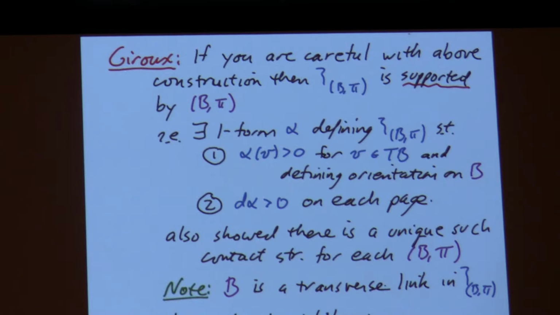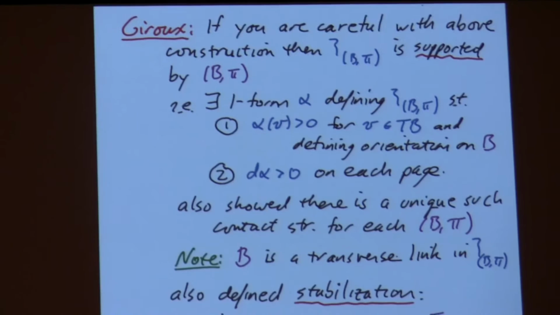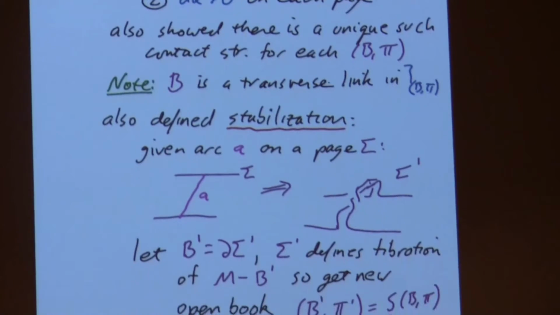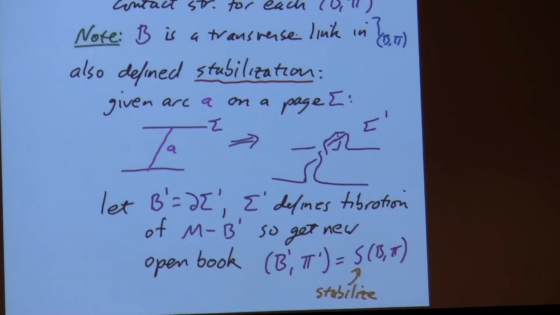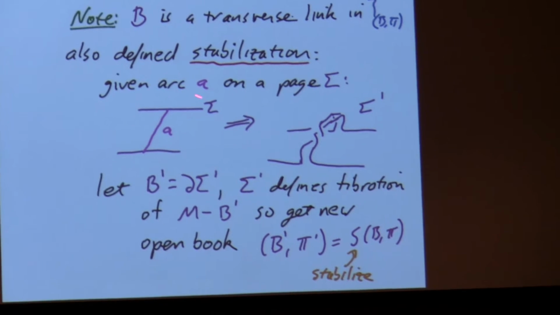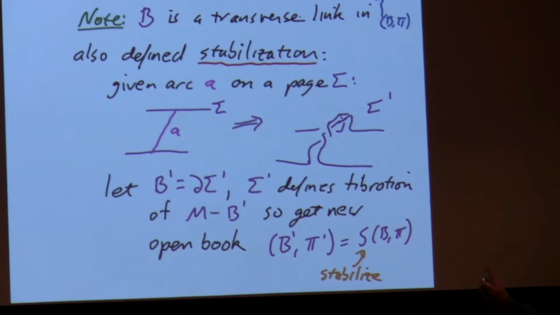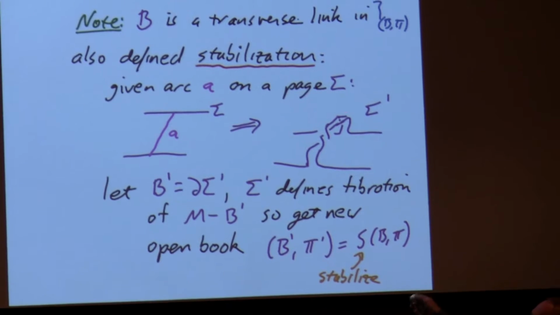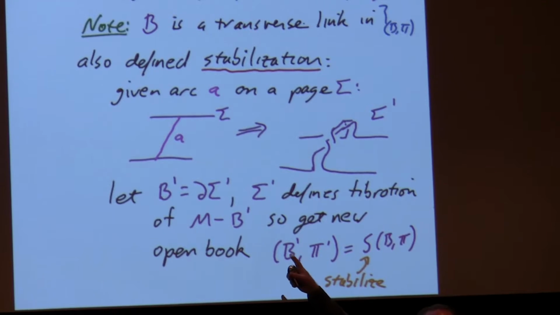So we have this fibered knot that happens to be a transverse knot in this contact structure. We need one other definition called stabilization, and since I didn't give you the other definition of open book, I have to give what seems like a slightly more complicated definition of stabilization, but I actually like it better. Given any arc on a page of the open book, a neighborhood of that arc looks like that.